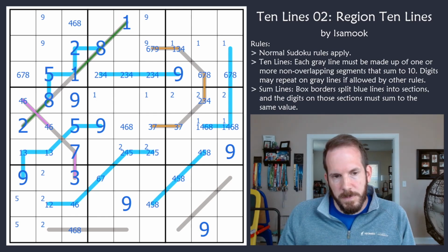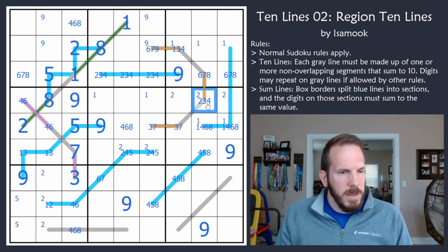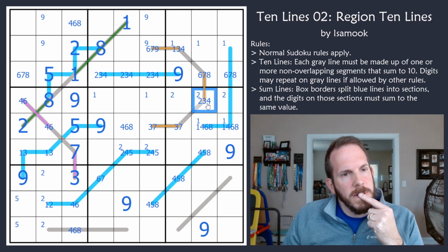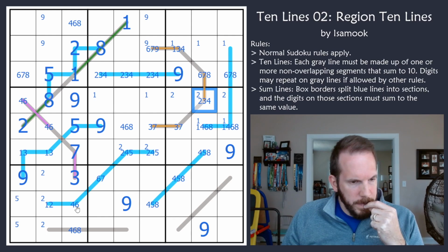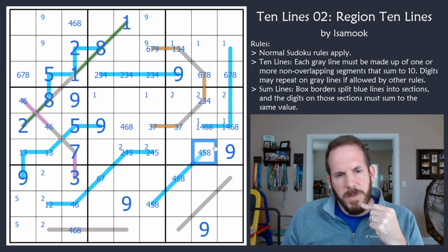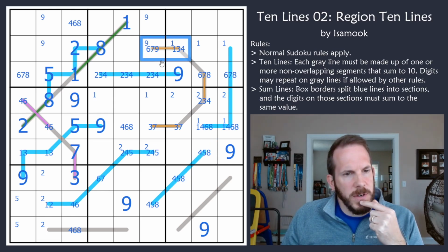There's something I missed with this. Just trying to see if any of these were more restricted.